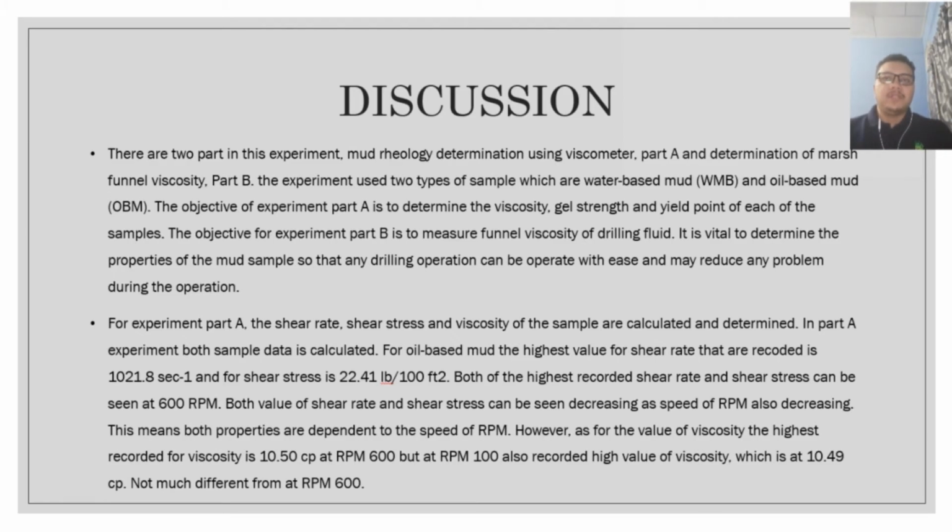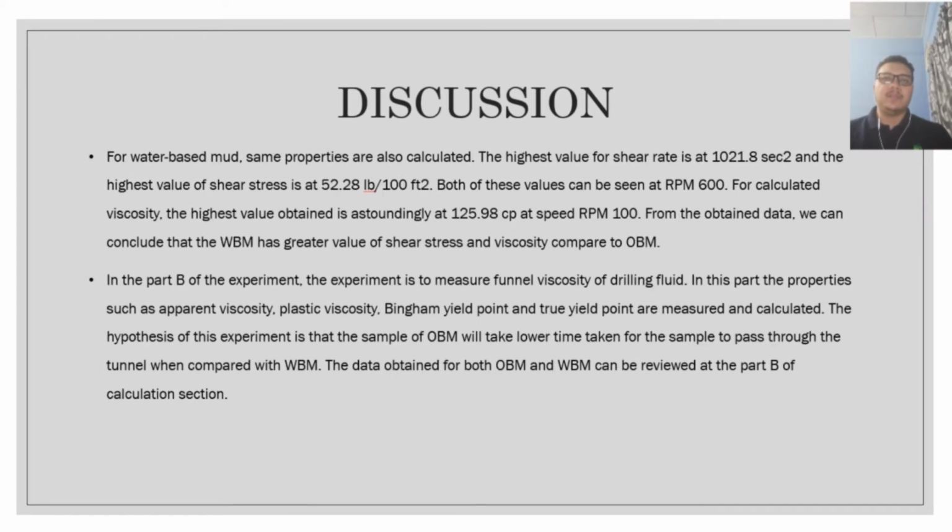Both values of shear rate and shear stress can be seen decreasing as the rpm also decreases. This means that both properties are dependent on the rpm speed. However, as for viscosity, the highest recorded is 10.50 at 600 rpm, and 100 rpm also recorded a high value of viscosity, which is 10.49 cP.